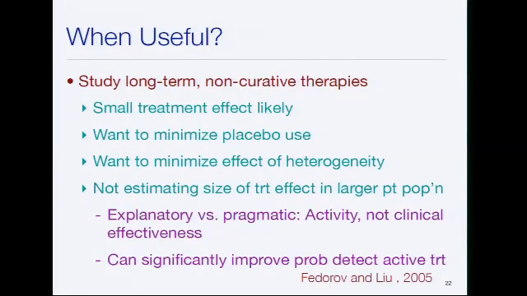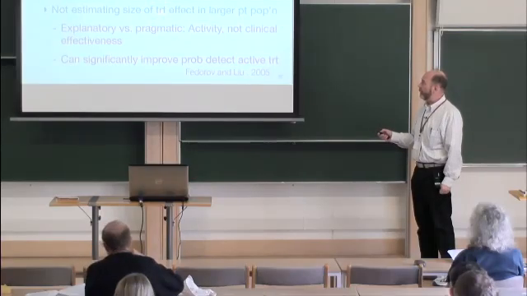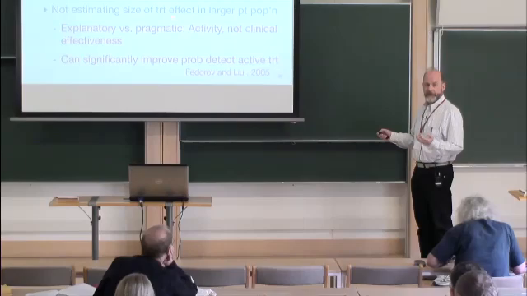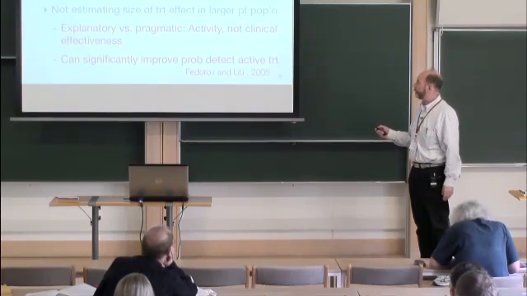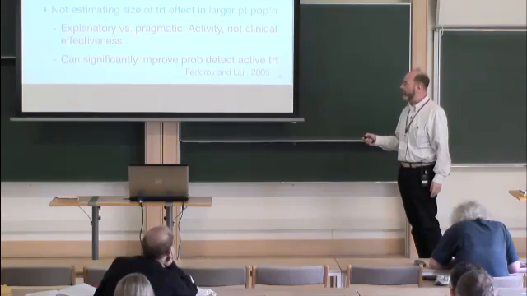We want to minimize placebo use, so rather than upfront randomizing everybody, say, to placebo versus active drug, everybody gets the active drug at first. And we want to minimize the effect of heterogeneity. We do that through the randomization. And we're not really estimating the size of the treatment effect in the general population. We're not estimating effectiveness, but we're interested in activity. So explanatory as opposed to a pragmatic study.